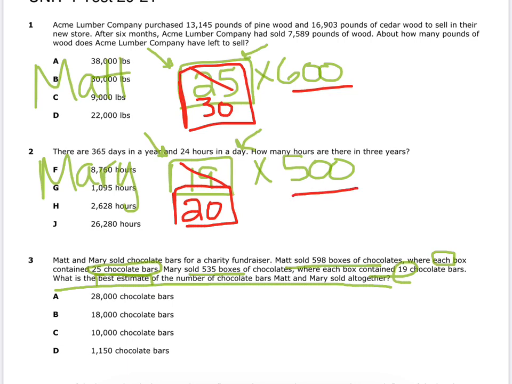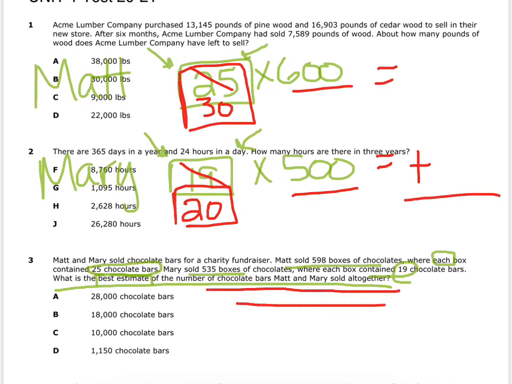So 30 times 600 and 20 times 500. And then you're going to add those together to find the number they sold all together. So in actuality, I'm going to be multiplying 3 times 6, which is 18, and then adding 1, 2, 3 zeros.